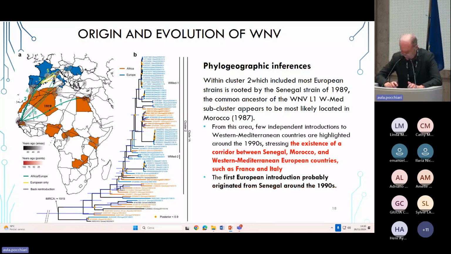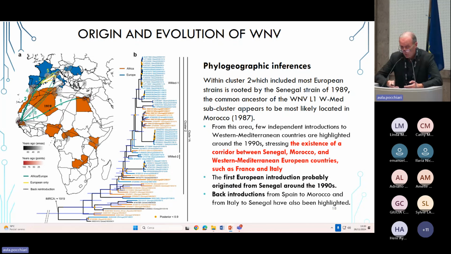But then we have also, as said before, the back introductions from Spain to Morocco, but also from Italy to Senegal. So in other words, lineage 1 from Africa is characterized by a corridor joining Senegal, Morocco, Spain, France, and Italy.